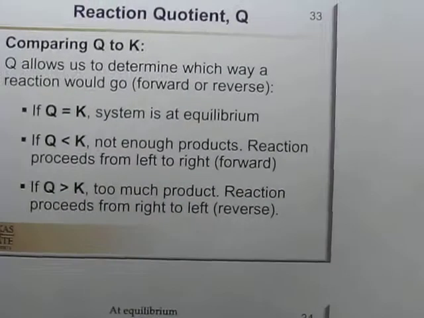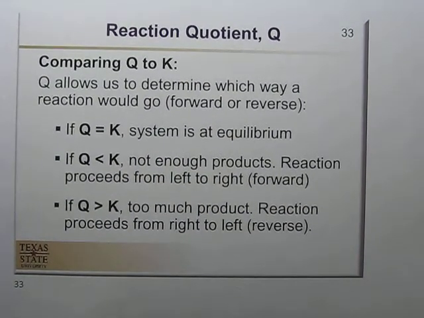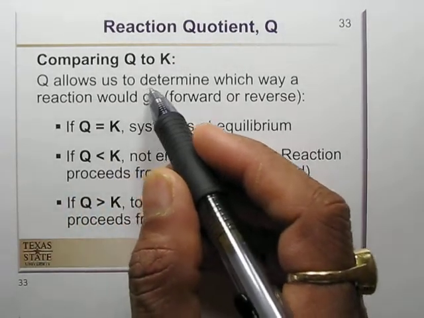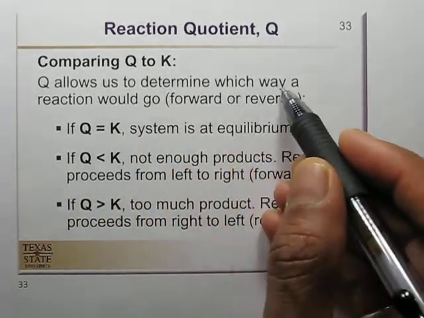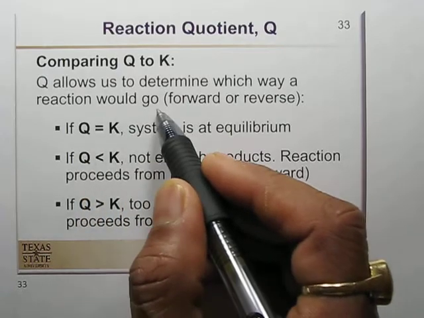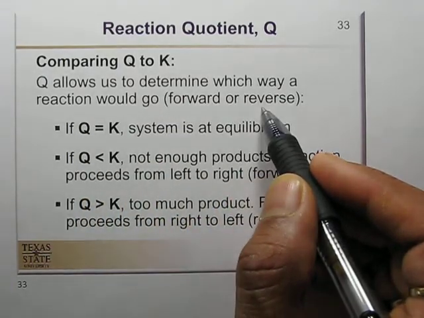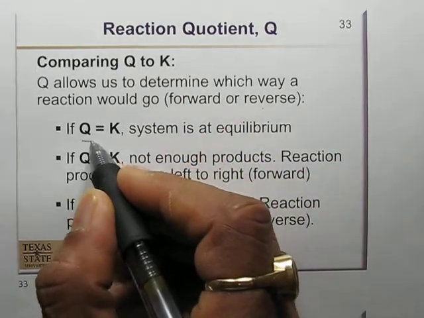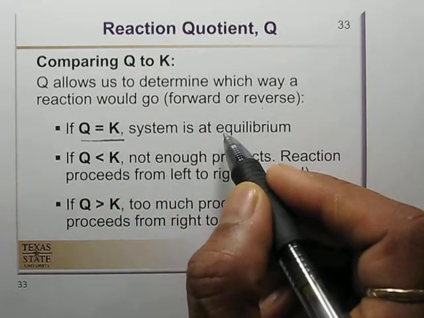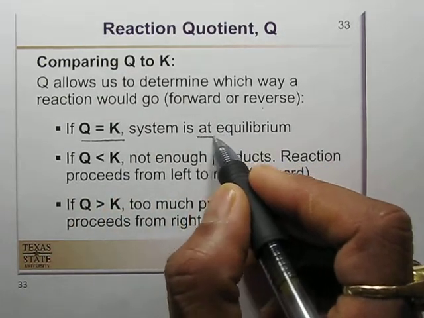Then how are we going to compare these K and Q? Q allows us to determine which way a reaction would go, forward or reverse direction. If K and Q are equal, then the system is at equilibrium.